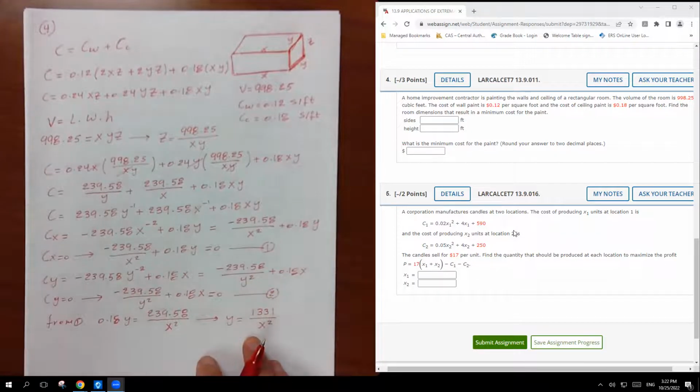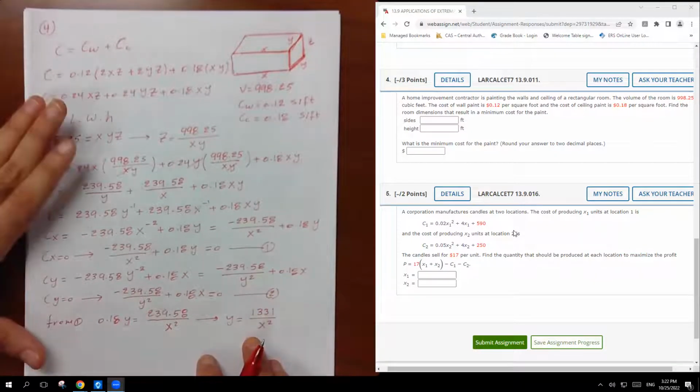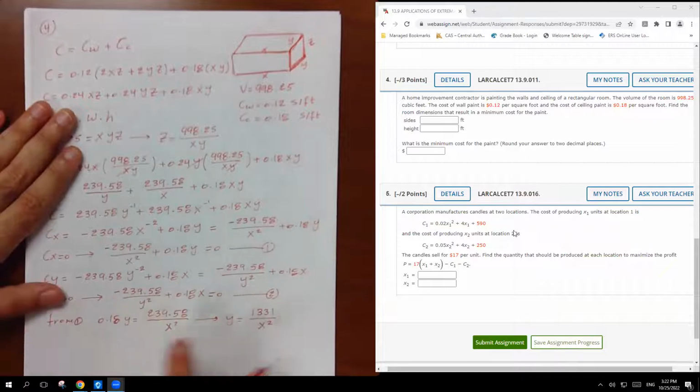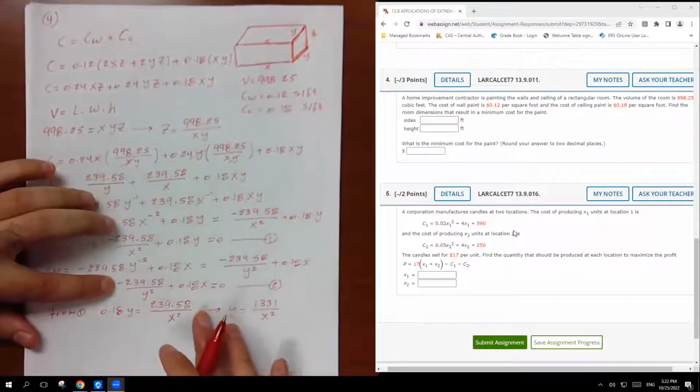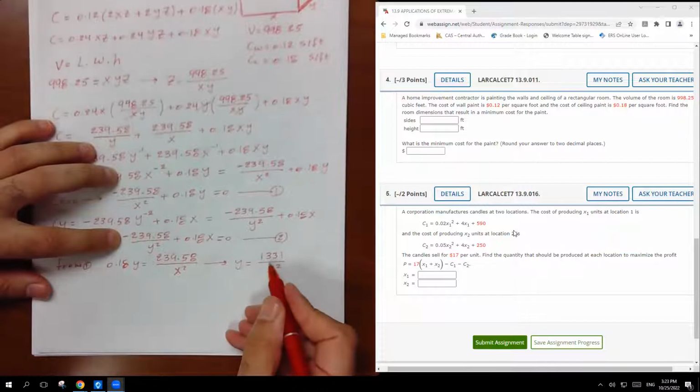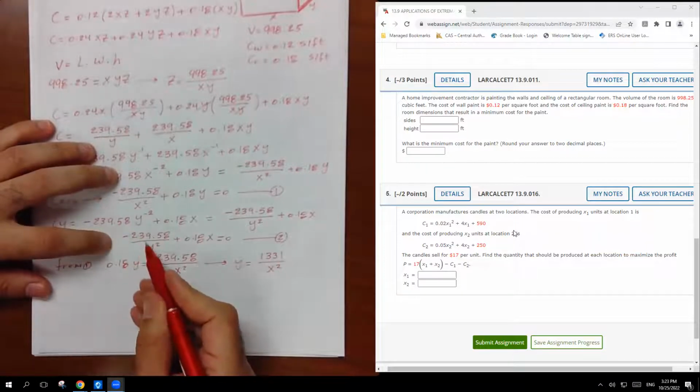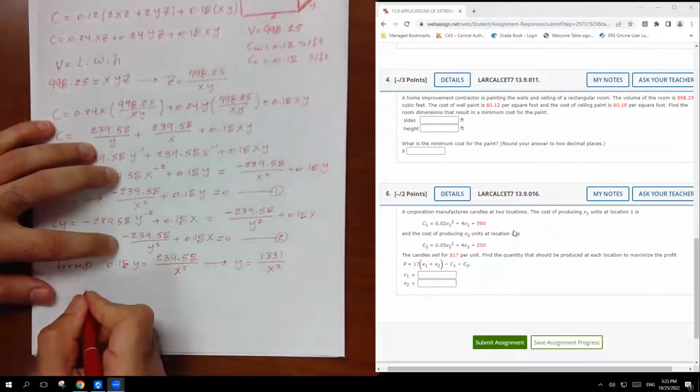So when you plug into the second one, that means here, we plug in everything instead of the y squared.